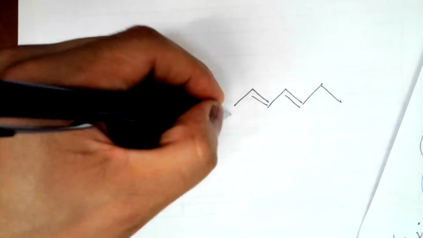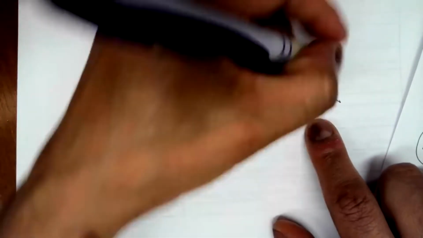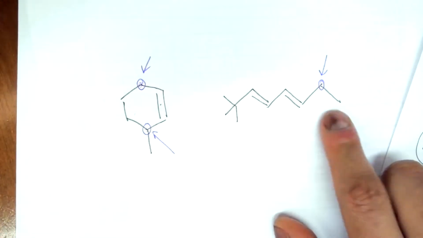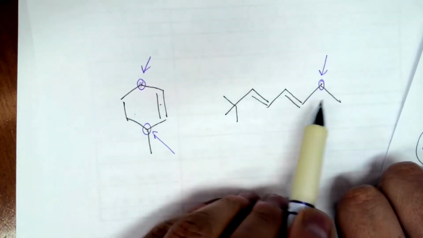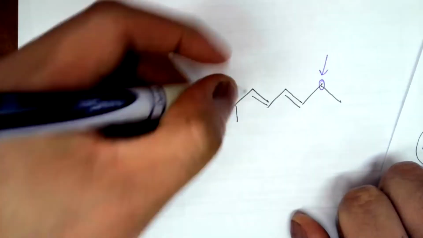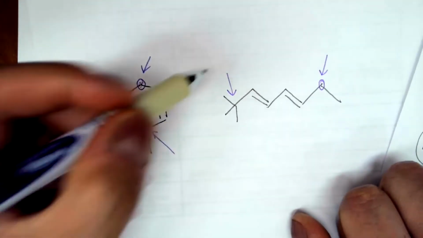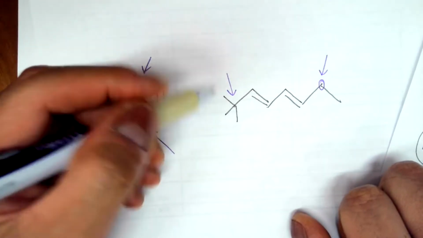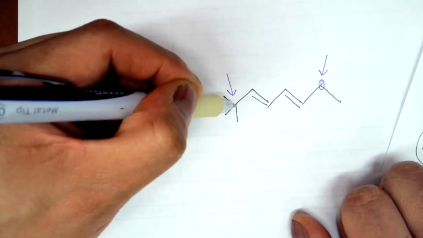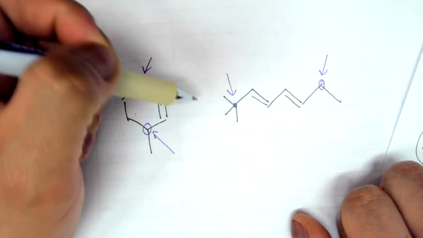I would say, is this an allylic position? Yes, this is an allylic position. Why? Because it's conjugated. Atom, single, double, right? Now you would tell me, okay, is this one also an allylic position? Technically, yes, it is an allylic position because it is conjugated, atom, single, double bond. But for radical reactions, it's useless.